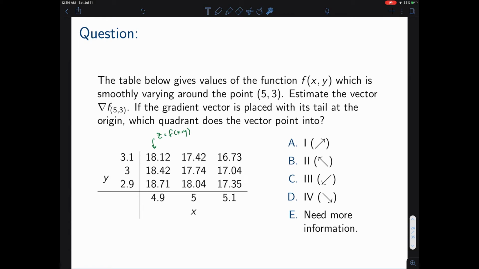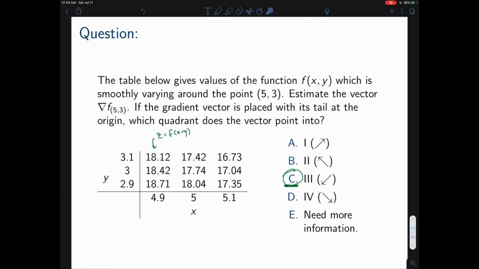The answer is that the gradient points into quadrant C. It points into quadrant C because remember the gradient points in the steepest uphill direction. The direction to the northeast is actually downhill, and so is the one to the southeast.